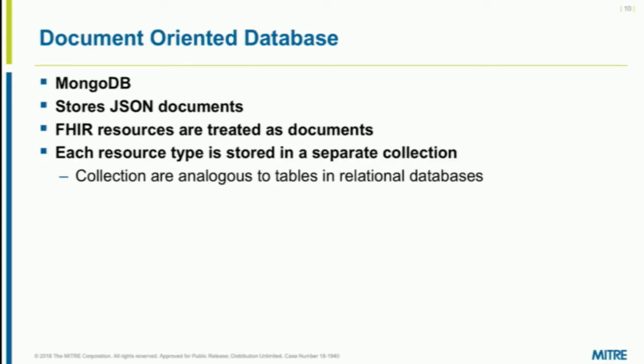So at that point, we thought, well, we're developers. We love to build things ourselves. So let's give that a whirl. At Mitre, we had built a lot of solutions on top of MongoDB, which is a document-oriented database. It stores JSON documents natively. We thought, this is wonderful, because FHIR is in JSON. We'll ignore XML because we have the freedom to do that.